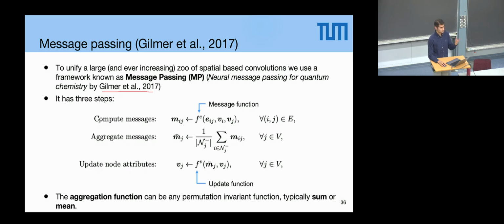We have a general framework, and everything can be explained with this general framework. So in message passing, we have 3 steps. First, we have the calculation of the message. For each of the edges in the network, we are going to compute in parallel a message by evaluating the edge update function, which is just some learnable function like an MLP that takes as input the features of the edge, the features of the sender node of this edge, and the features of the receiver node of the edge.